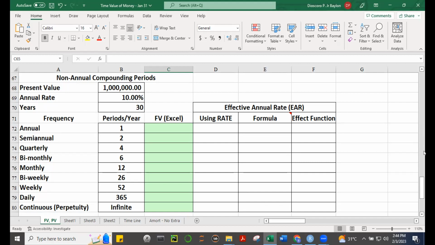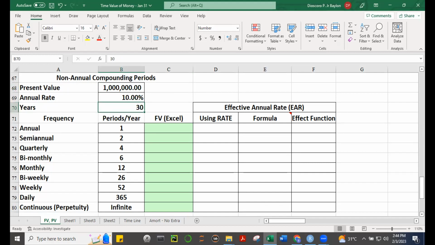So this problem calls for determining whether it's better to have your investment compounded annually, semi-annually, quarterly, etc. By taking a look at this example, we're investing 1 million now, and the annual rate is 10%, and we're going to invest it for 30 years.